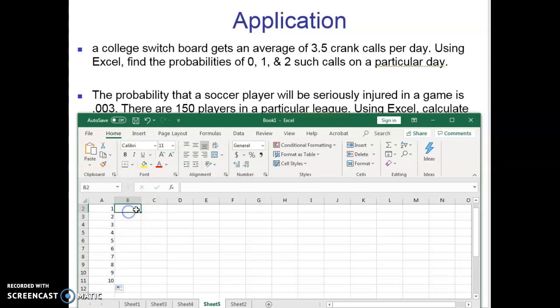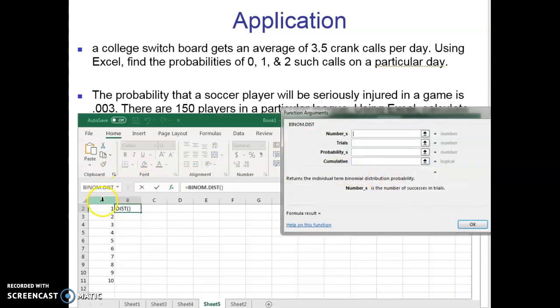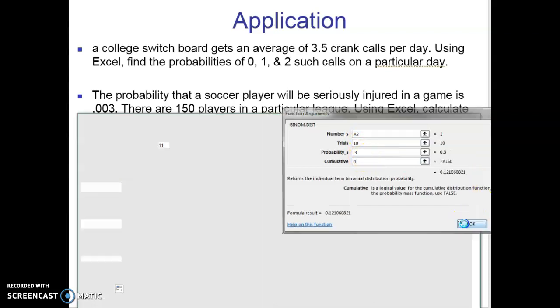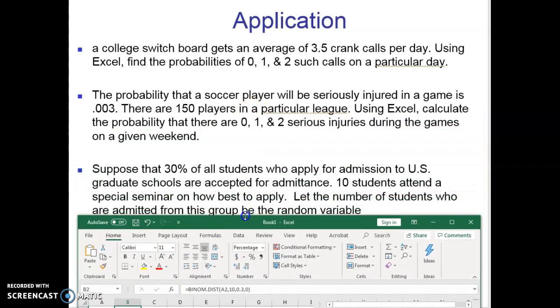And then we go to the next column, find our binomial distribution, and click on number of successes. Trials, we've got 10 trials. Probability of success said it was 30%, and we're not going to use cumulative. Click on that, go to percent, pull it down. Easy enough.